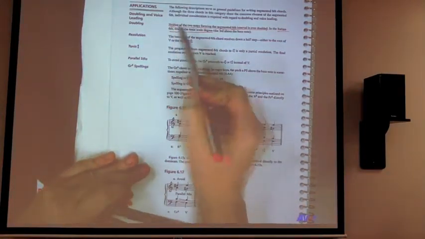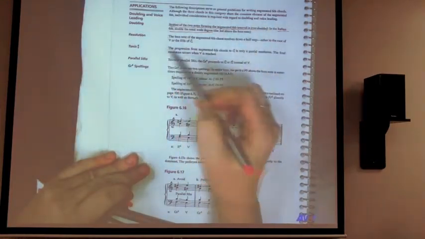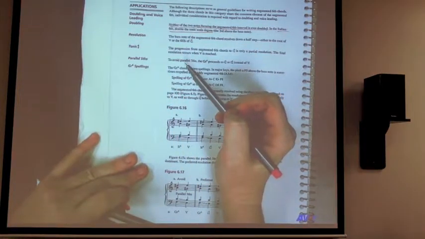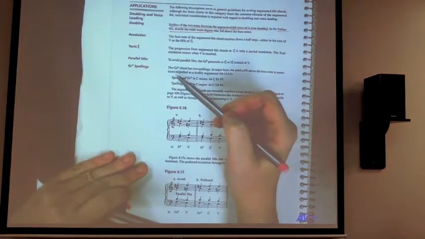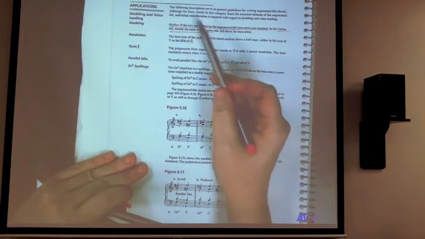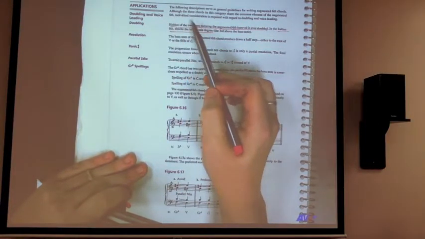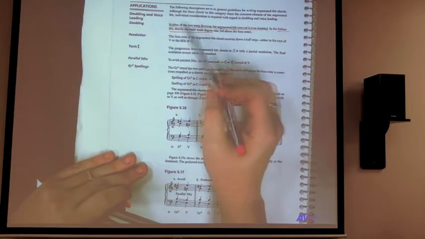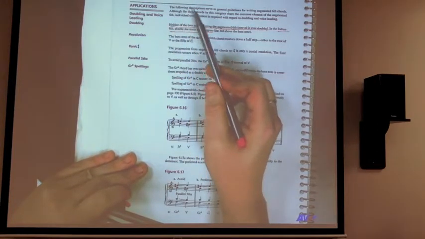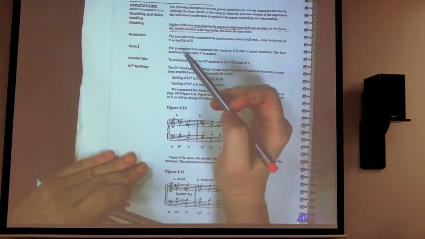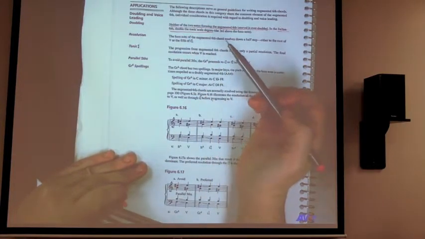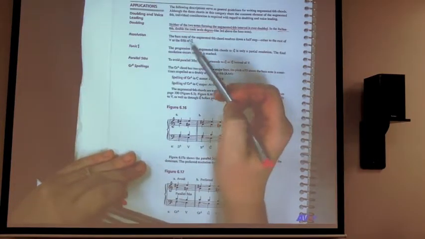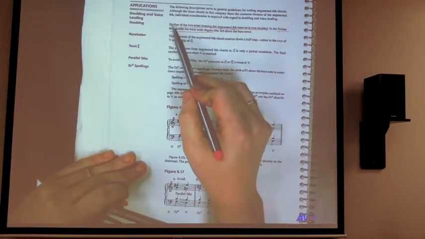So normally you don't have to double, right? Unless you've got more than 4 notes in your voice, which you guys are not going to have to deal with, right? Because the German sixth and the French sixth are all 7th chords, so each note is accounted for in a voice. Now, if you add more voices, if you've got 6 or 7 voices, then you're going to have to double some notes or triple some notes.